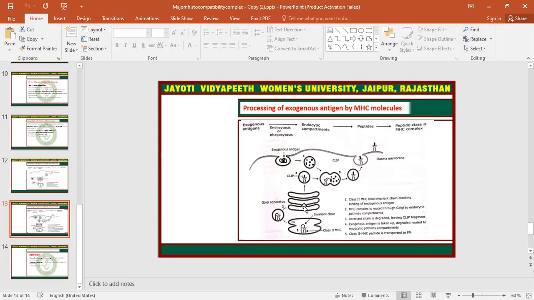This Golgi complex will finalize the peptide and it will make some more digestions. It will make some complex structure of the peptide.